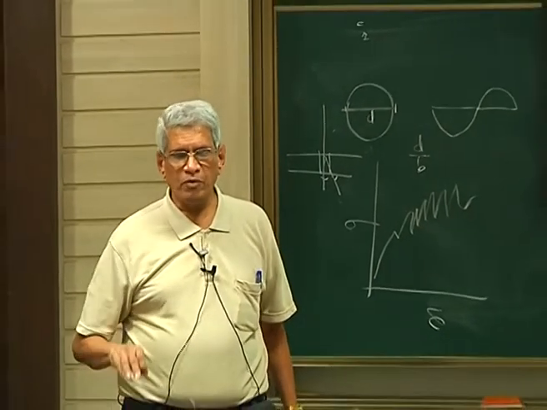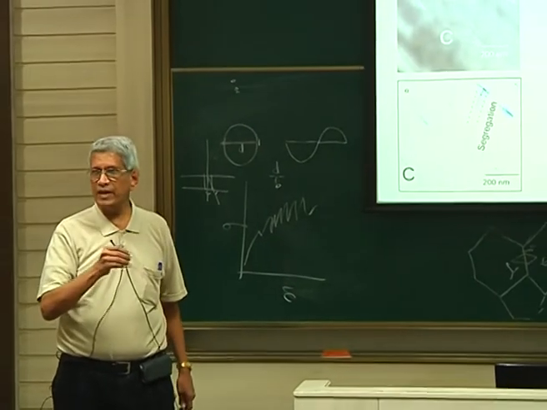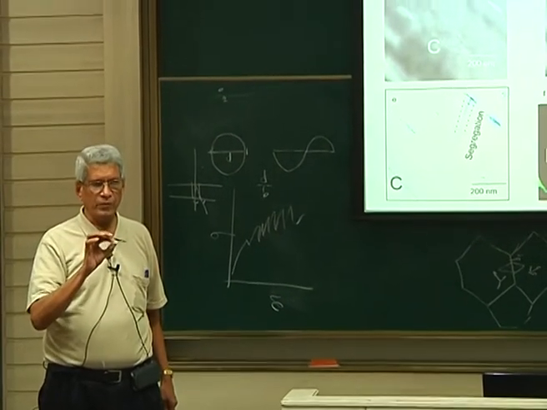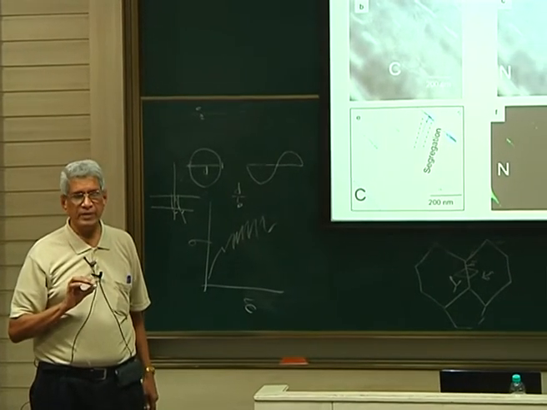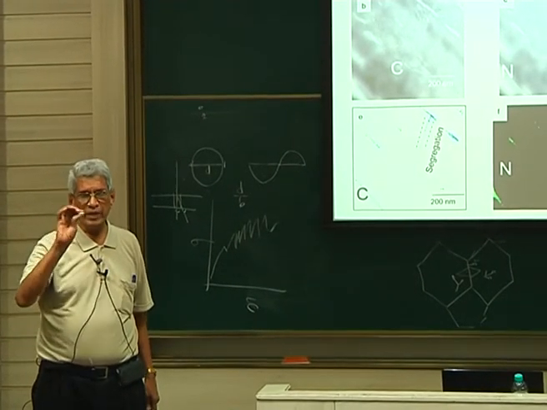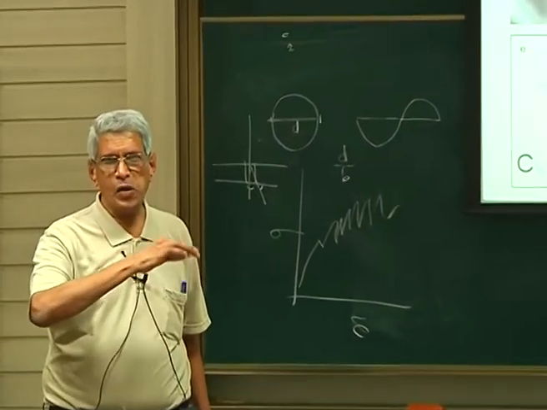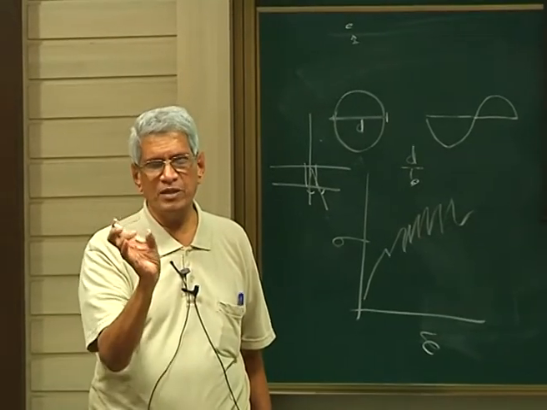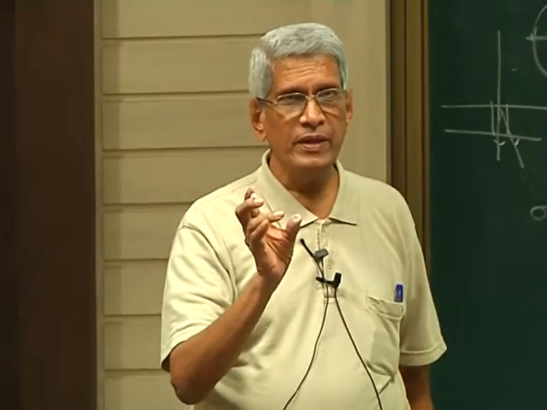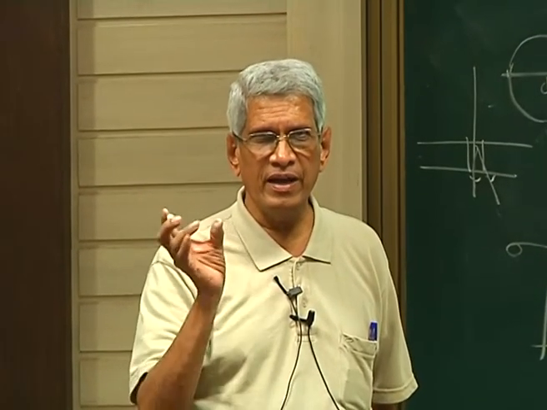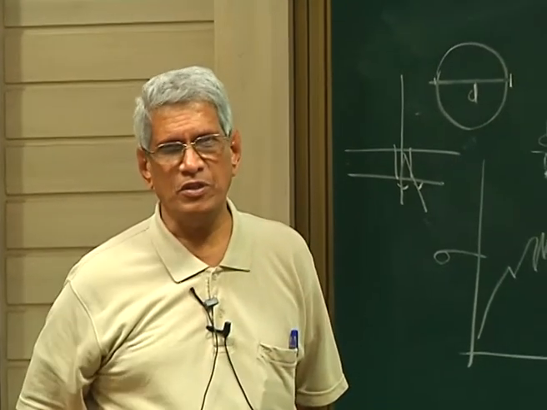But in principle, what will happen, which is what spectroscopy techniques depend upon: suppose this electron enters, and when it meets an atom, it can lose some part of its energy, correct, to generate a characteristic X-ray. Then what would have happened to that electron? The energy required to excite the K level, or L level, that much energy it has lost, and the electron will have that much less energy.